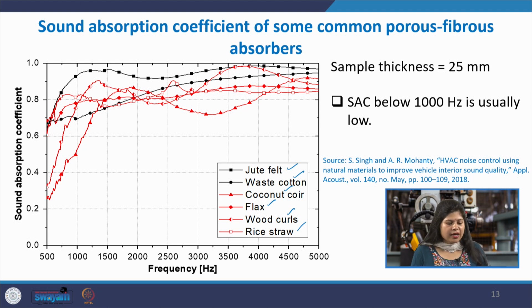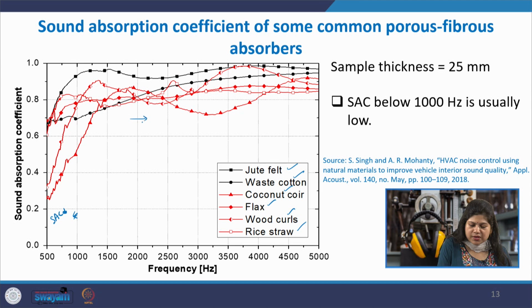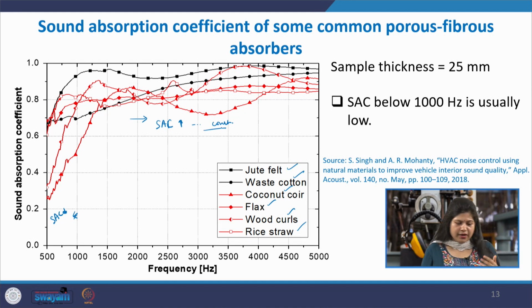You can see that with frequency the values definitely change, and what you observe is that typically at a frequency below 1000 Hertz, SAC is low, and as the frequency increases, SAC increases and then becomes almost constant. So, you can observe the variation with frequency.